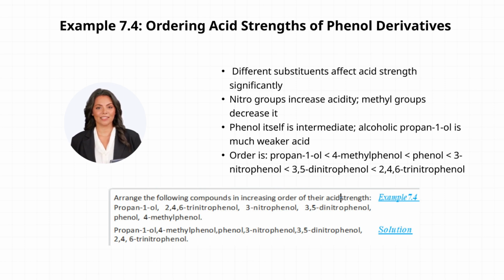Propan-1-ol, being a simple alcohol, is the weakest acid here. The methyl group in 4-methylphenol donates electrons, further decreasing acidity compared to phenol. Phenol is a baseline for us. Introducing nitro groups, which are strongly electron withdrawing, increases acidity.